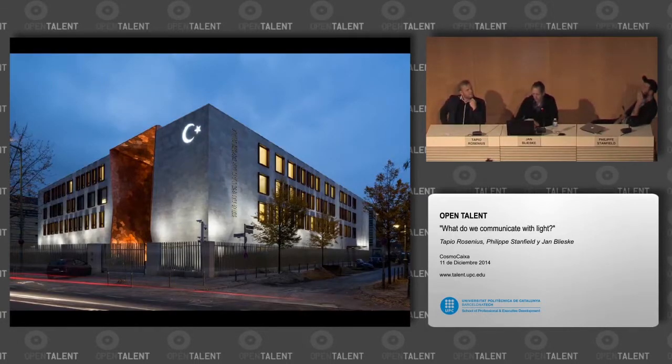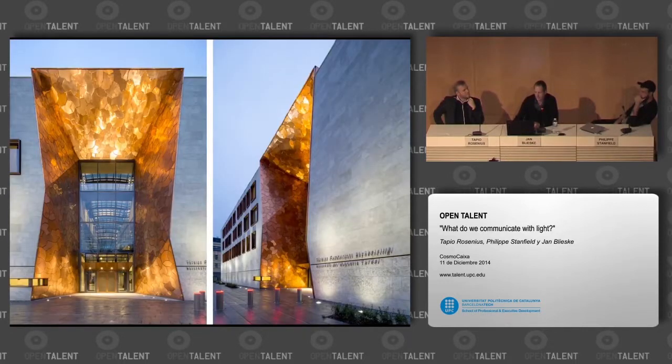Staying in Turkish projects, there is the embassy of Turkey in Berlin. They want to present themselves as an open, welcoming community. And so the architects designed this copper entrance. But the copper would not have much effect without lighting.